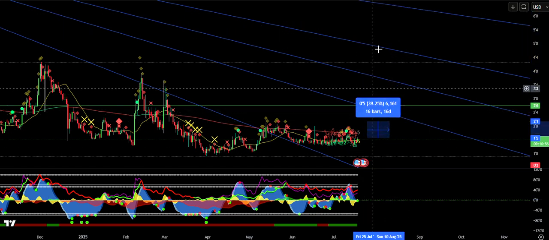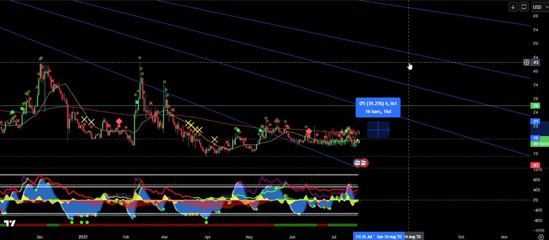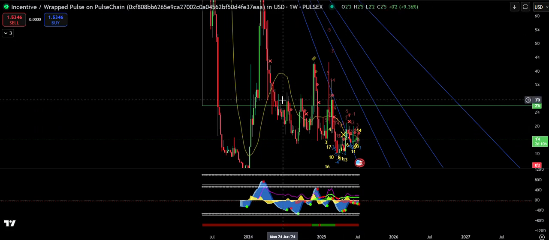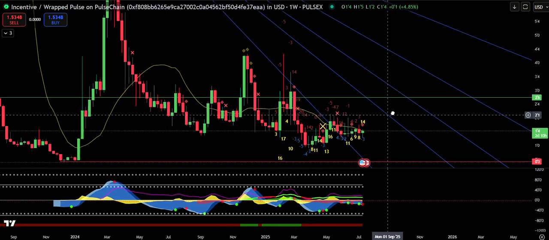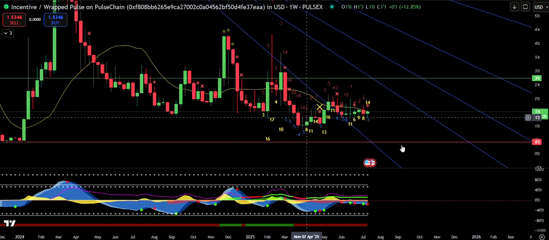Incentive is going to be probably one of the best plays out of all the core coins, I believe. I believe incentive will probably outperform all the cores. I mean, it was $80 a couple of weeks after launch, wild.